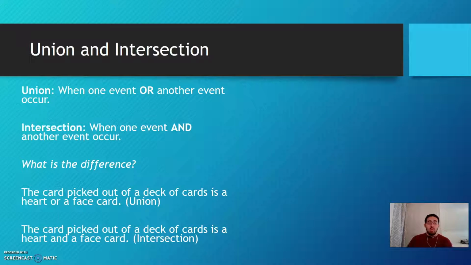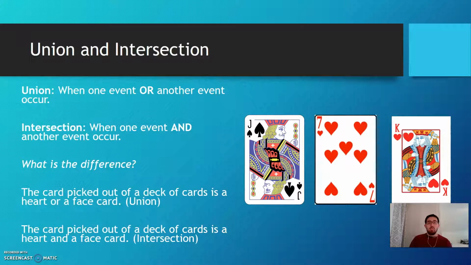Hopefully you'll realize with these three cards that the Jack of Spades fits this description, but does not fit this one because it is not a heart. The Seven of Hearts fits this description, but doesn't fit this one because it is not a face card. And this one fits this description, and it fits this because it is both a heart and a face. I should have put one more card on there, like a Five of Clubs, which would fit neither.